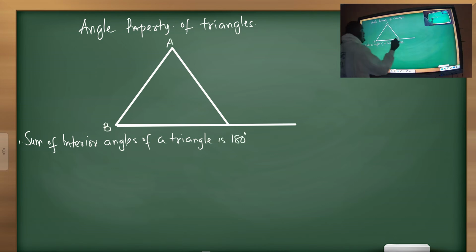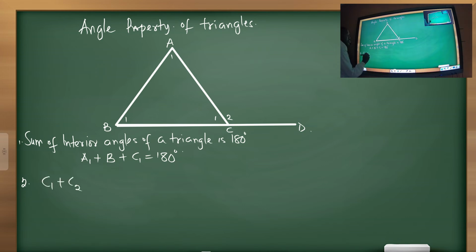A, B, C. I'll call this C1 and C2, and let's call that D. So in this case, what we are saying is A plus B plus C1 equals what? 180 degrees.